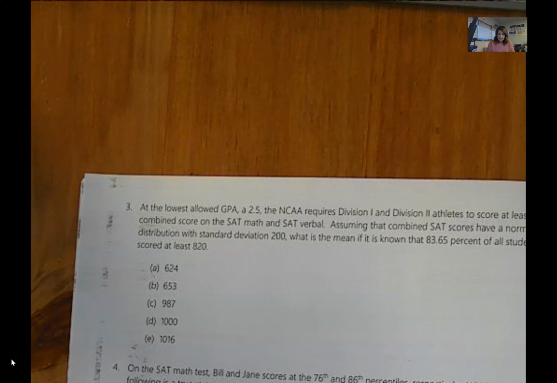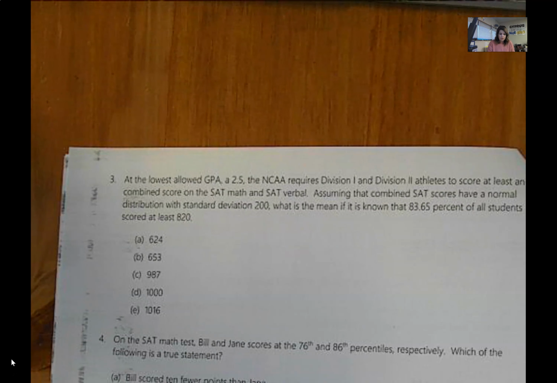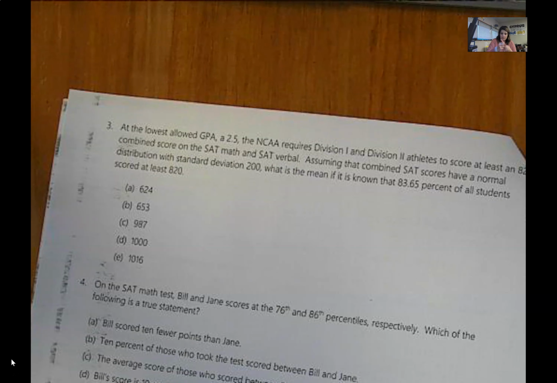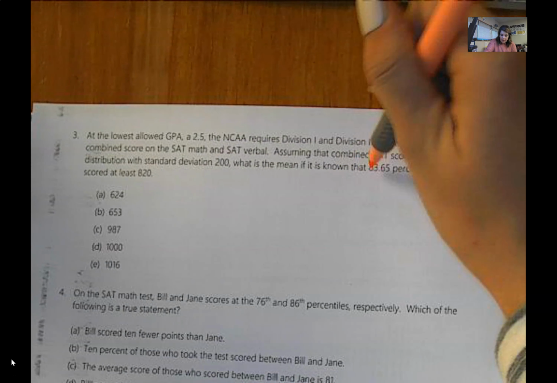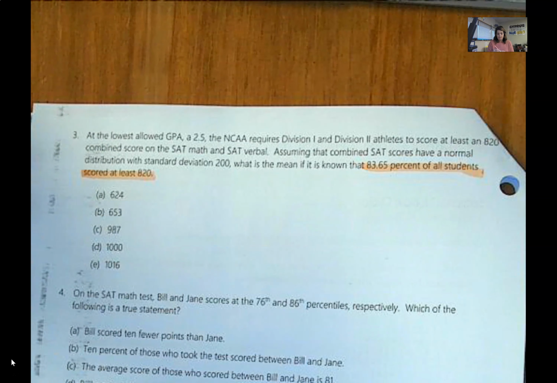At that combined SAT score, assuming that the combined scores have a normal distribution with a standard deviation of 200, what is the mean if it is known that 83.65% of all students scored at least 820?